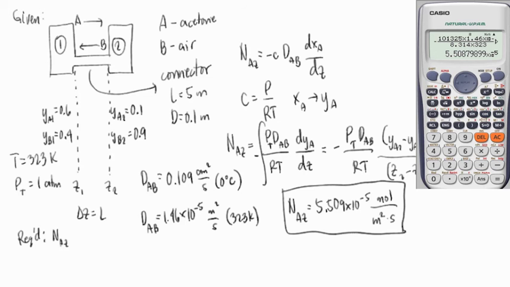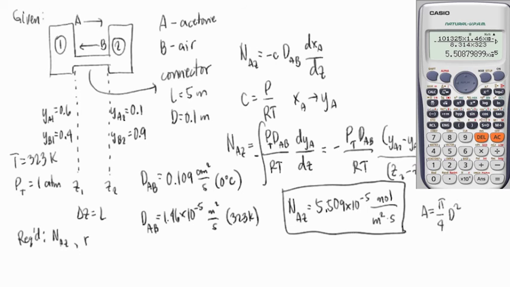Let's determine the rate of transfer. So let us add that to our required, the rate of mass transfer. The rate of transfer in this case would be similar to what we have done earlier, in which we simply multiply the molar flux with the cross-sectional area of the conduit. In this case, this is again a cylinder. Our connecting cylinder has a cross-sectional area of pi over 4 times d squared.